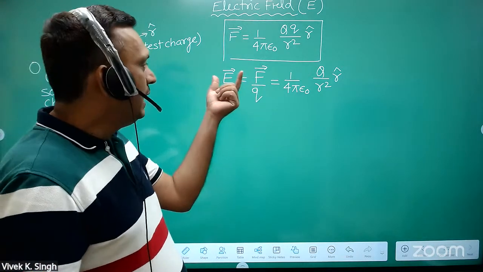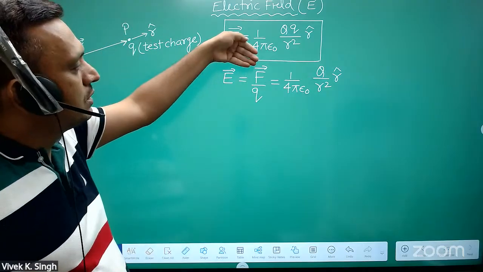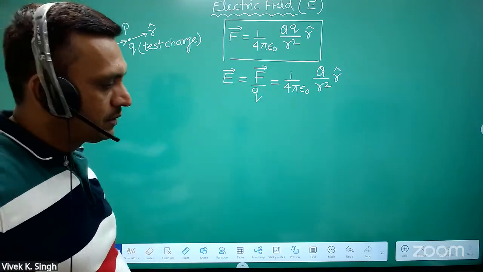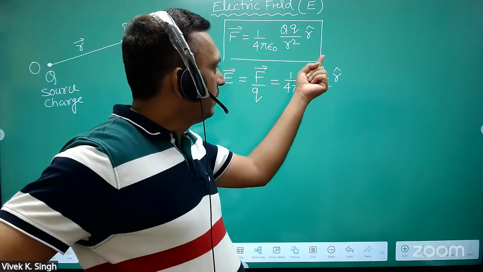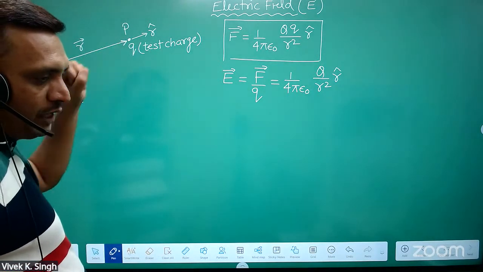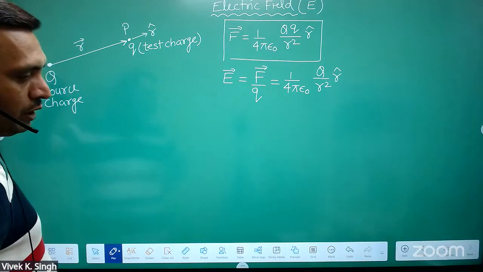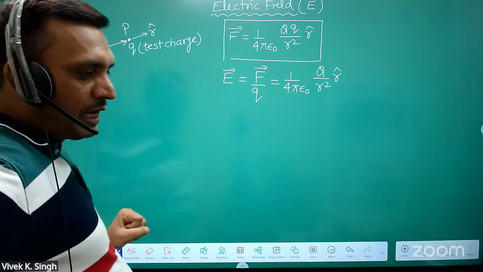So this electric field due to charge Q doesn't depend on this test charge because this is force per unit test charge. So it depends on the distance from the source charge to the point where you are calculating the electric field, and it also depends on the magnitude of charge Q.